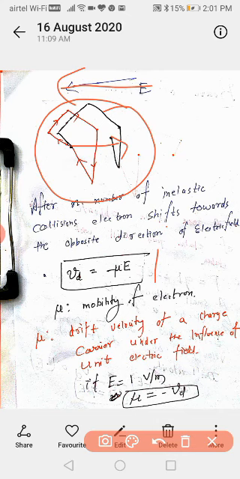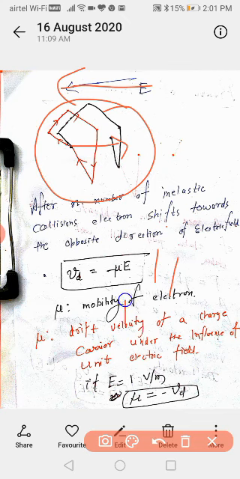If we provide an electric field of 1 volt per meter, then the drift velocity of the charge carrier under that field will be the mobility of that charge carrier. Here in particular we are talking about electrons. This is the mobility of electron, Vd equal to minus mu E.